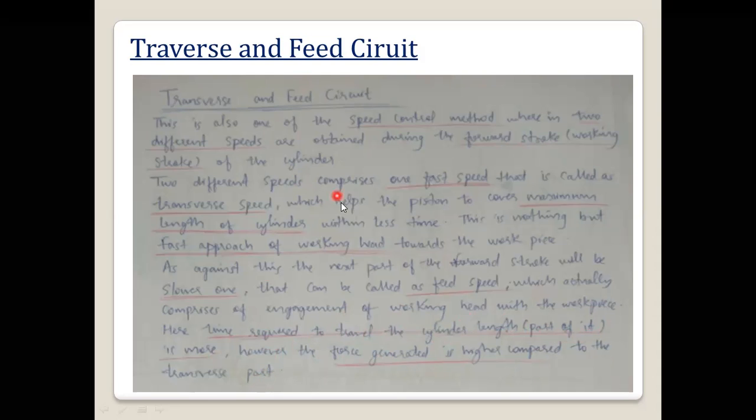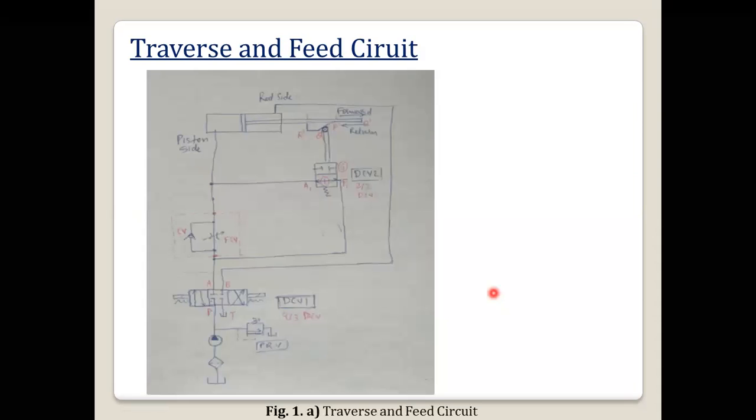From this we come to know that traverse is the fast speed, and the feed, the second part, is the slower speed. For the slower speed, the travel time will be higher, because here the pressure will increase. That diagram we will see here.